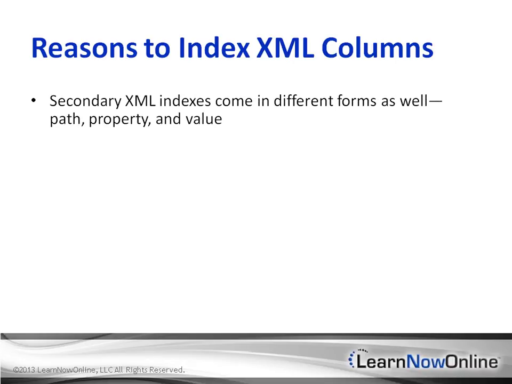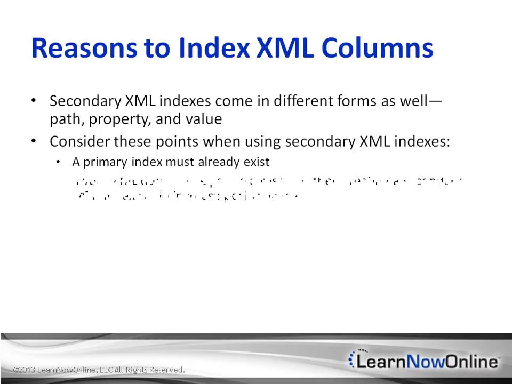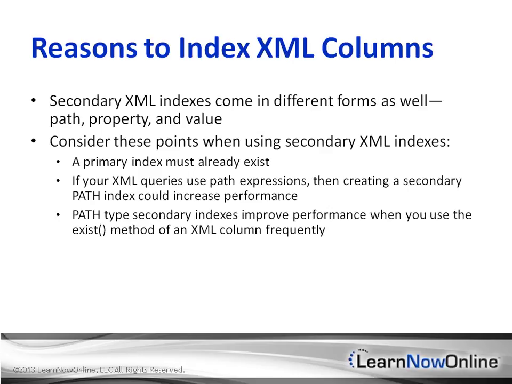Remember that secondary XML indexes actually have 3 different forms: path, property, and value. When you're using secondary XML indexes, consider these points. A primary index must already exist on the column. If your XML queries use path expressions, creating a secondary path index will most likely increase your performance. Path-type secondary indexes improve performance when you use the exist method of an XML column frequently.